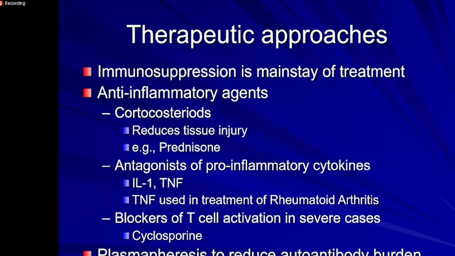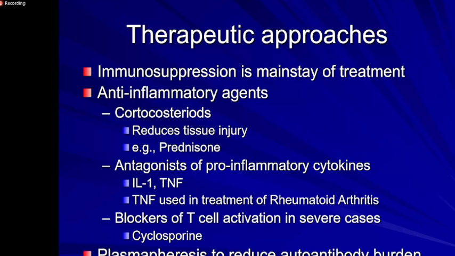Suppress that area which is causing damage. That is the main way we treat autoimmune diseases. And when you look at the drugs which are used, most of them are causing immune suppression.